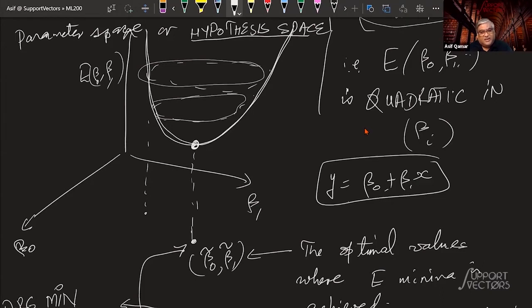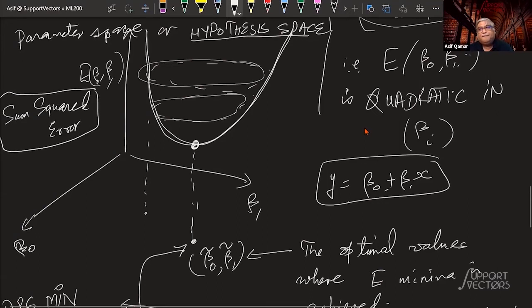Because the points are fixed, for any given value of beta naught, beta 1, you know what the total error will be. And so you're trying to find that point. This total error is also called the sum squared error, SSE. Got it.